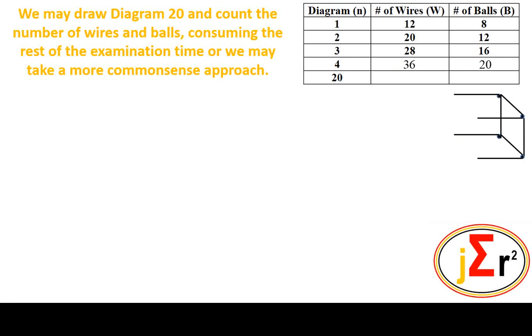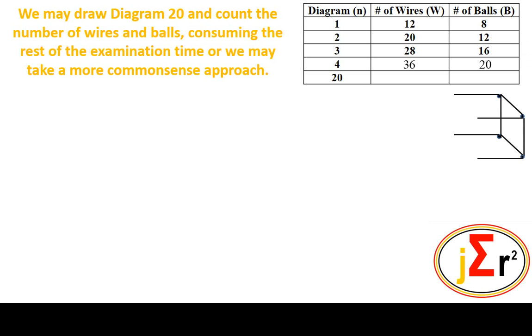We may draw, because this is row 20, and we are talking about diagram 20, and we need the number of wires and balls. We may draw diagram 20 and count the number of wires and balls, consuming the rest of the examination time, or we may take a more common sense approach.